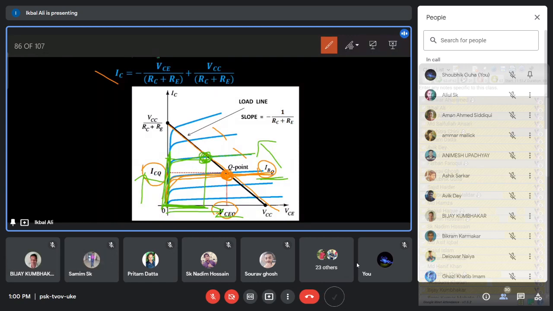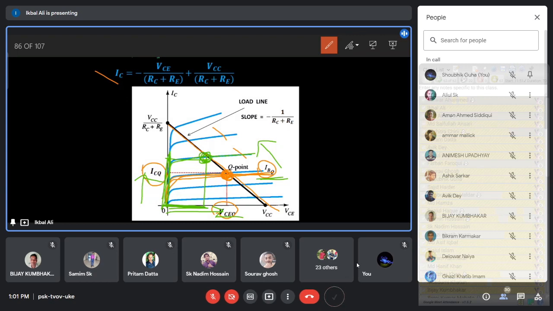So this is the definition of the Q point. I have repeatedly said that the Q point should be set in the middle of the active region. Now the definition of the Q point is that once you have constructed the biasing circuit, the transistor currents become fixed. A particular collector current will flow, a particular collector emitter voltage will apply across the transistor, a particular base current will flow, and the base emitter voltage is 0.7 volt for silicon, constant.